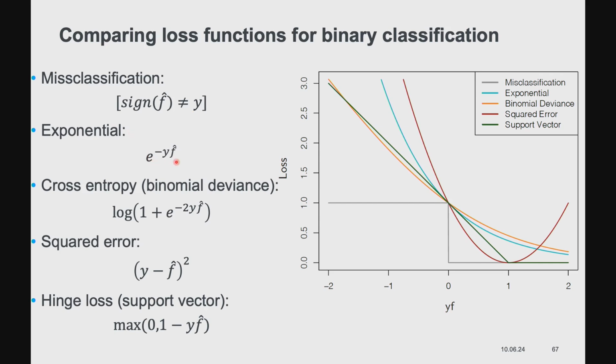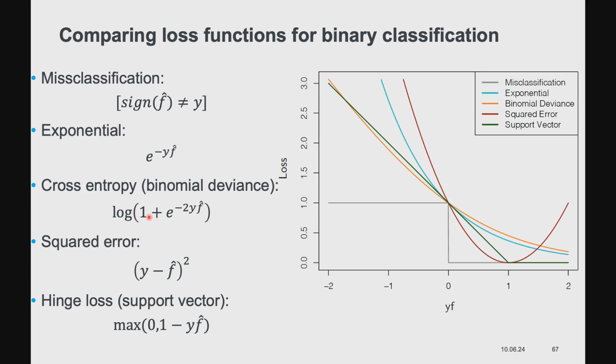I explained it now for an exponential loss. And this exponential loss is described here in blue. So it goes steeply when we make a mistake, and it goes quickly to 0 when we make a positive prediction. We had cross entropy before, this generalization of negative log likelihood, or binomial deviance.